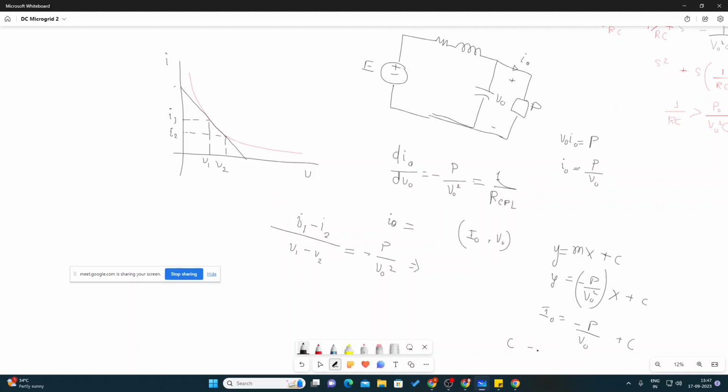So c is equal to I naught plus P by V naught. Hence the tangent expression is I naught equals capital I naught plus P by V naught minus P by V naught square V naught. Now let's see the expression.